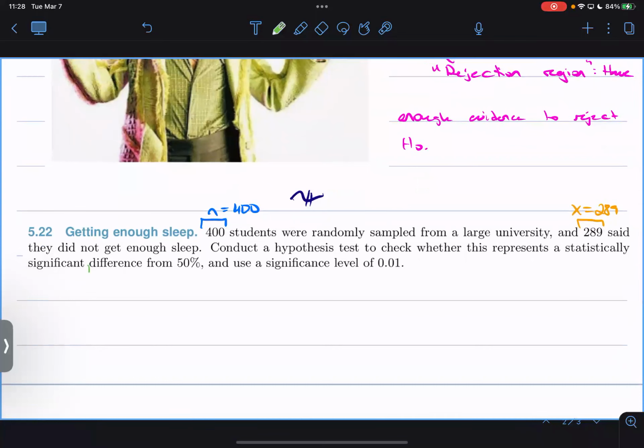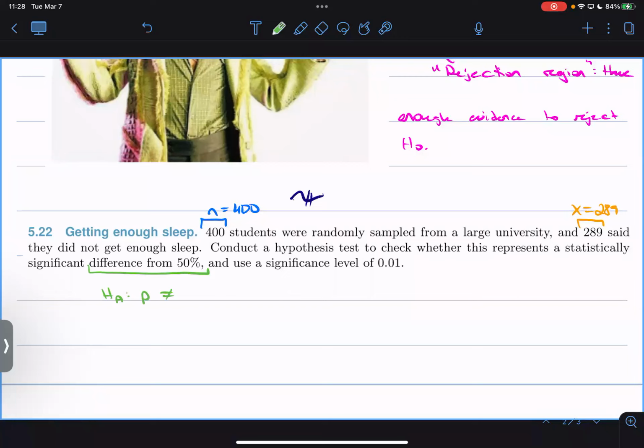I want to know if there's a difference from 50%. This tells me what my alternative hypothesis should be. I want to know if P is not equal to, is it different from 50%?